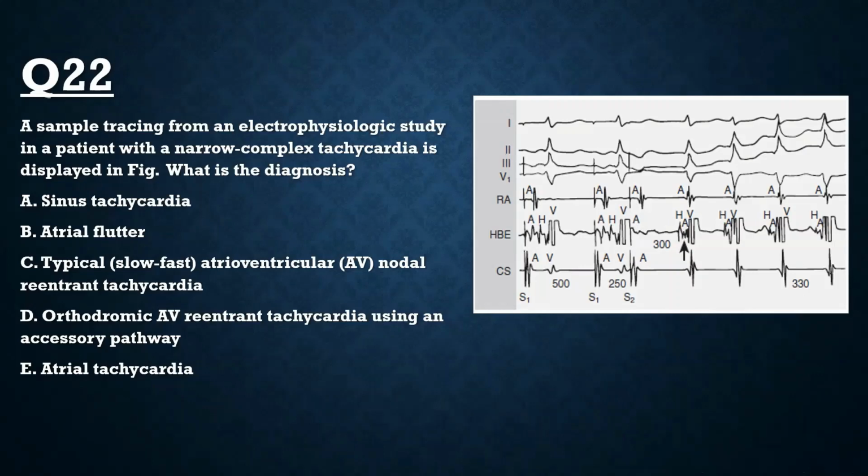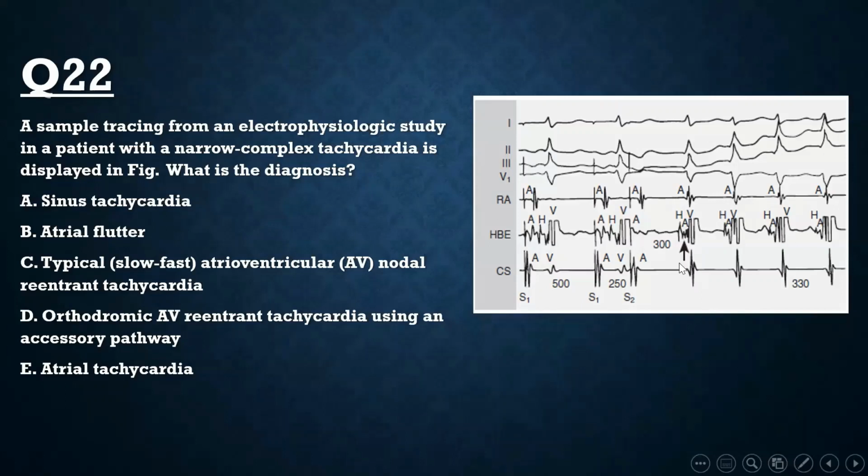After that, when it reaches the H, it conducts from the H again through the fast pathway to the A, up, and down to the ventricle. So from the His, up to the A and down simultaneously to the ventricle.